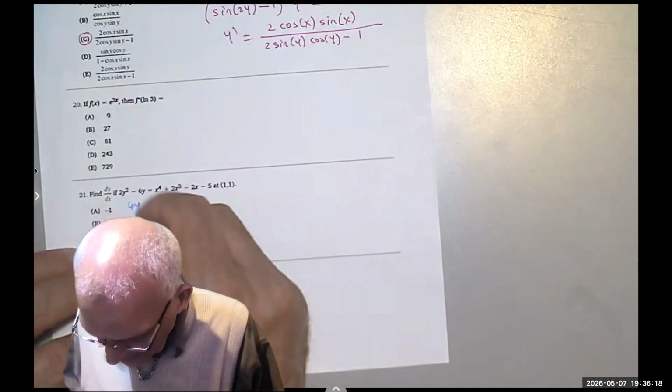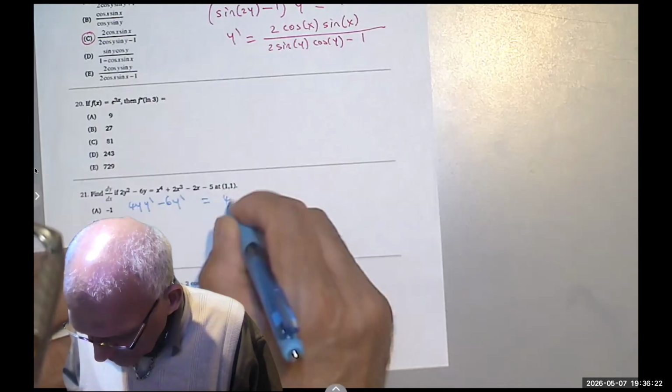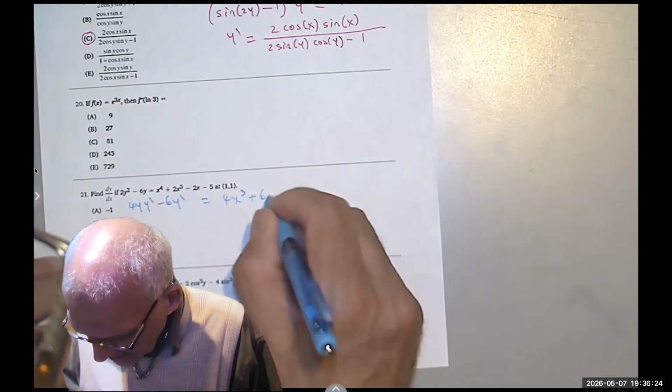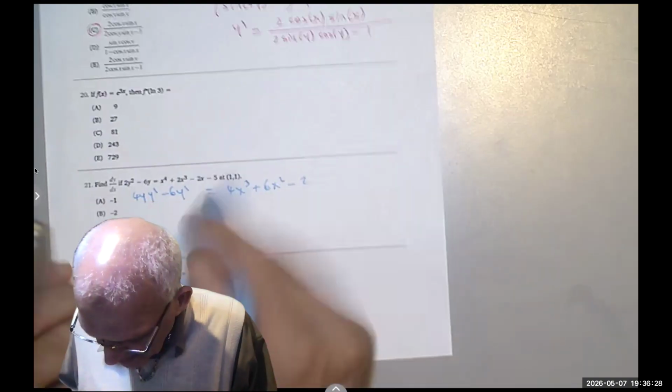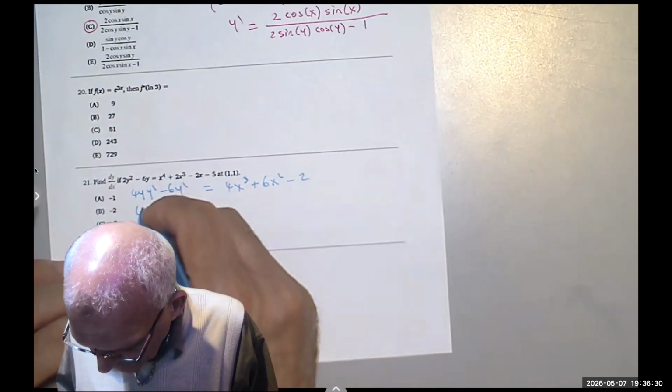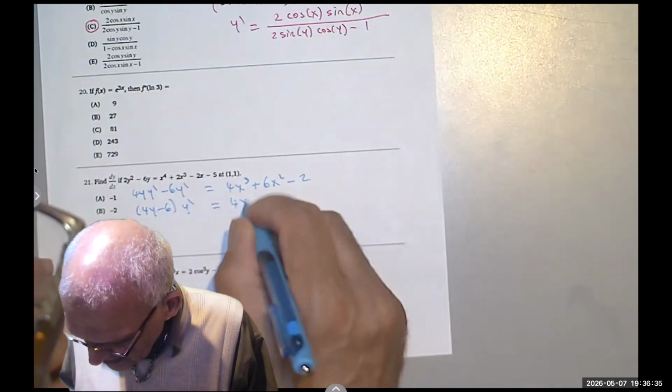Okay, 4y prime minus 6y prime equals 4x cubed plus 6x squared minus 2. Of course, all of them are divisible by, it doesn't matter. I have 4y minus 6y prime equal this.